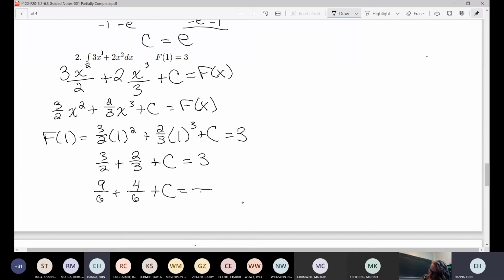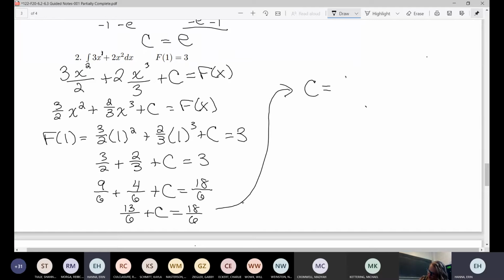And since we're going to be over 6, let's go ahead and change that 3 over 6 as well, and that'll be 18. So we'll get 13/6 plus c equals 18/6. And then solving for c, we just subtract the 13/6 from both sides.